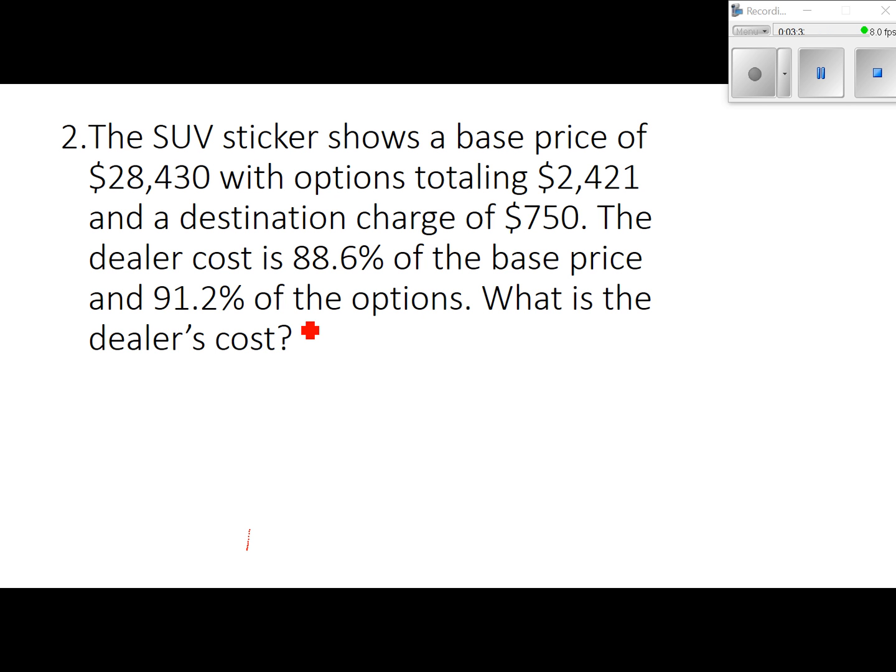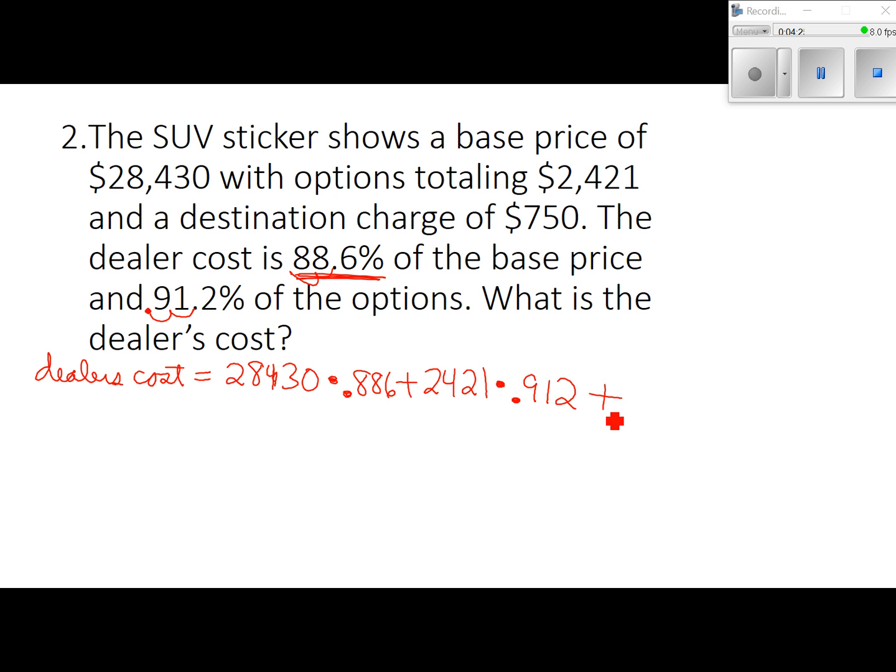So all we're going to do to get the dealer's cost is take the base price, which is $28,430, times the dealer's cost of the base price, so we just bump that decimal over two places, 0.886, plus the options were 2,421 times the percent that they pay for the options, 0.912, plus the destination charge, which they told us was $750.